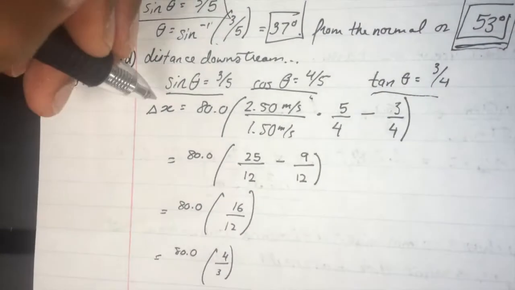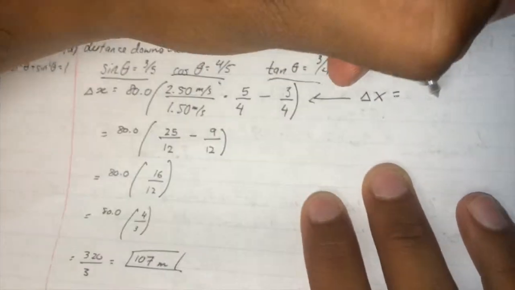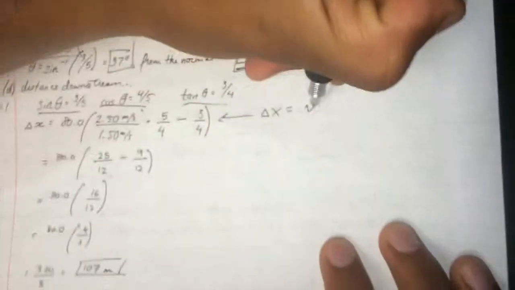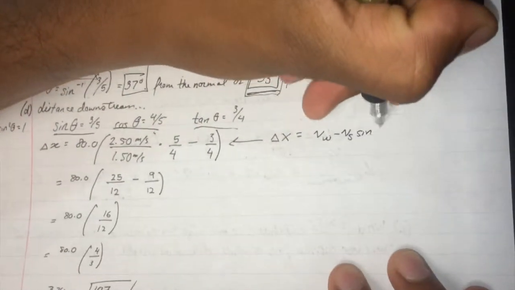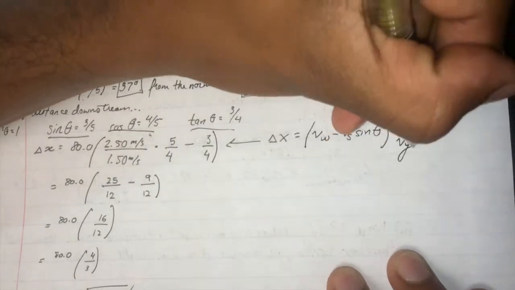So earlier we said that delta x is equal to, let's go back over here, Vw minus Vs sine theta, that's our Vx component, times the time, which is d over Vy.